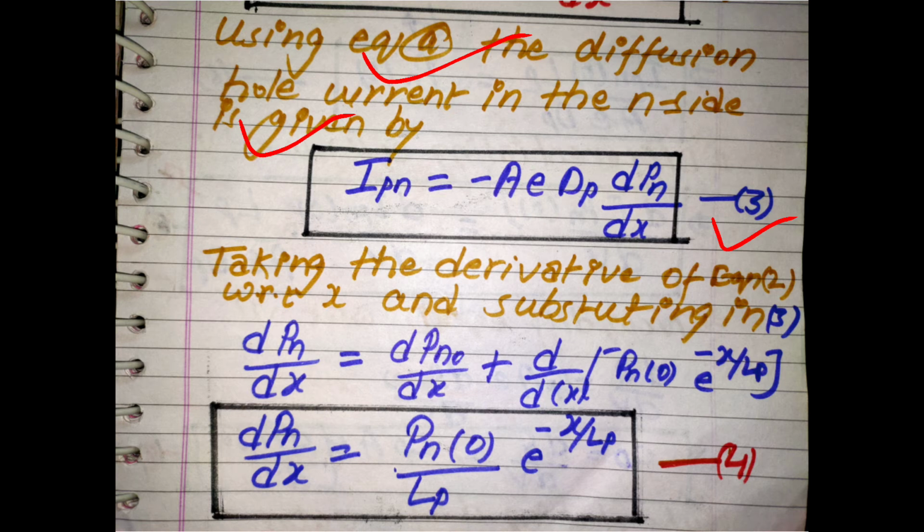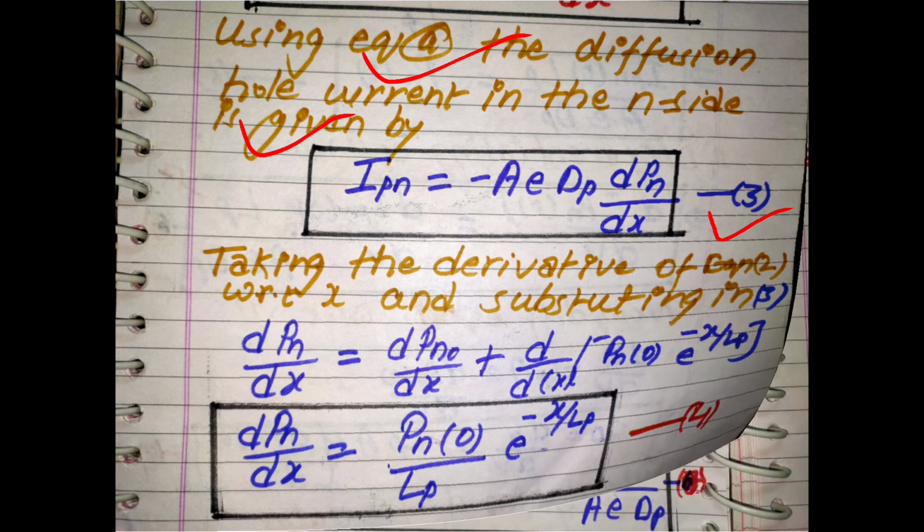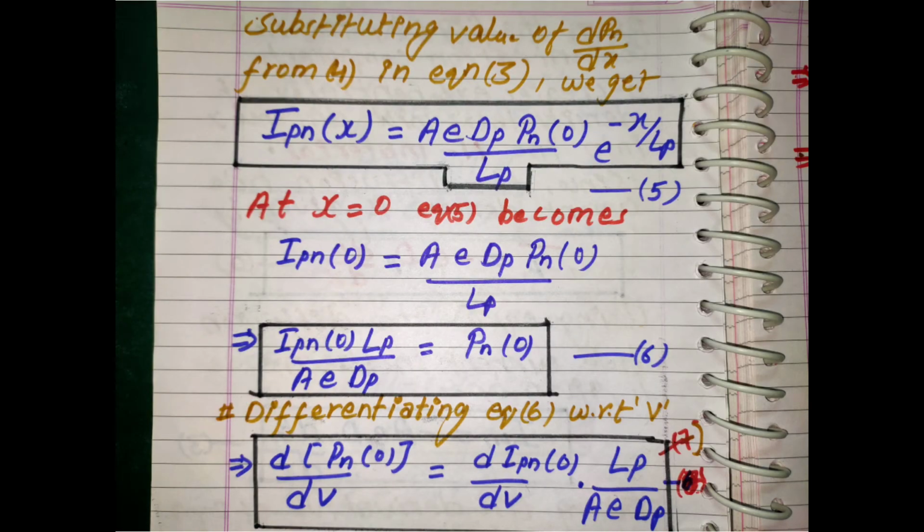Then we will substitute the value of dpn upon dx from equation number 4 in equation number 3. After substituting, we get Ipn of x is equal to A e into Pn of 0 upon Lp into exponent to the power minus x upon Lp. So this is our equation number 5.